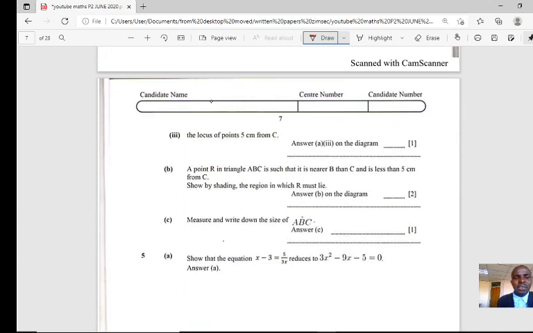Then item 3, construct the locus of points 5 centimeters from C. This one, you draw a circle, or construct a circle, center C and radius 5 centimeters.